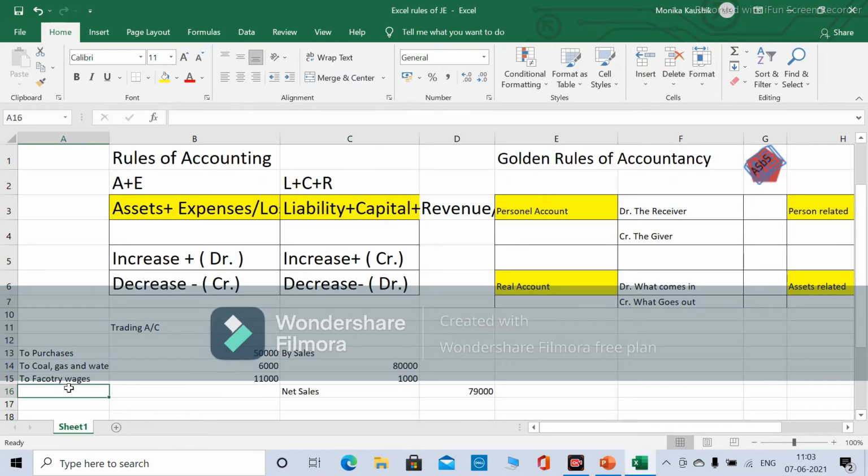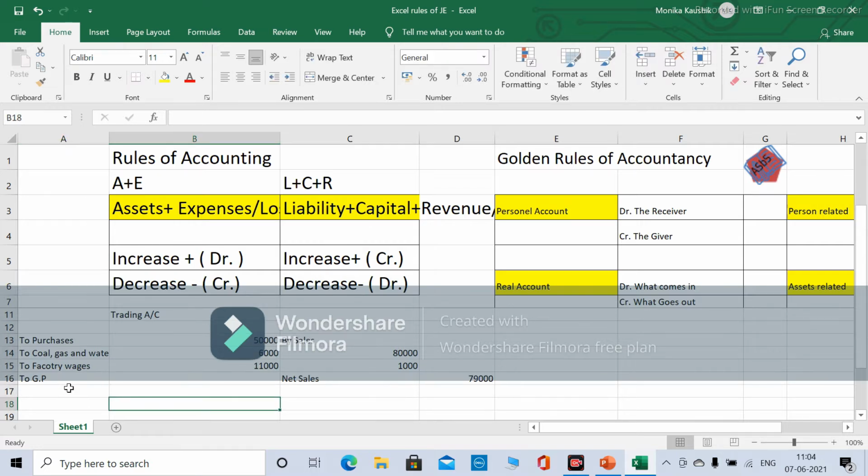Now what will come over here will be the gross profit. The total is 79,000.